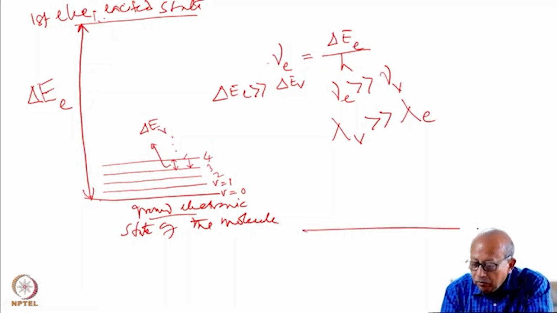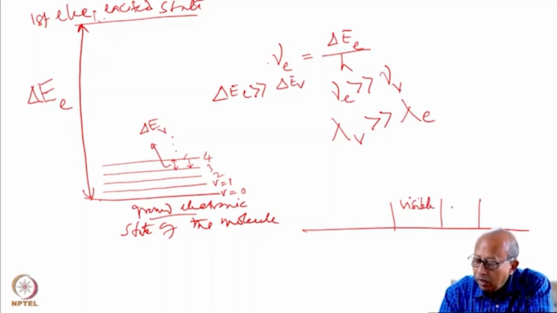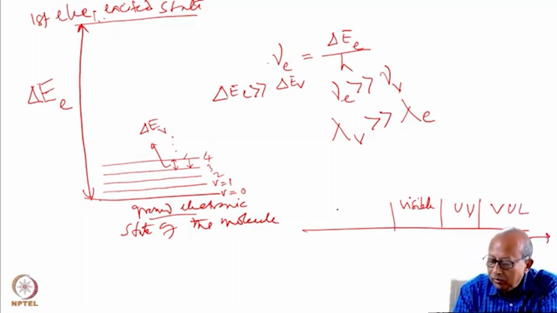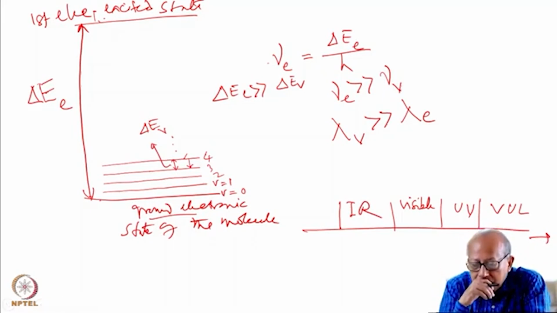Now, in the electromagnetic spectrum, suppose this is my visible region, this is the ultraviolet, this is vacuum ultraviolet, and it goes on. And this side is the infrared region of the electromagnetic spectrum.